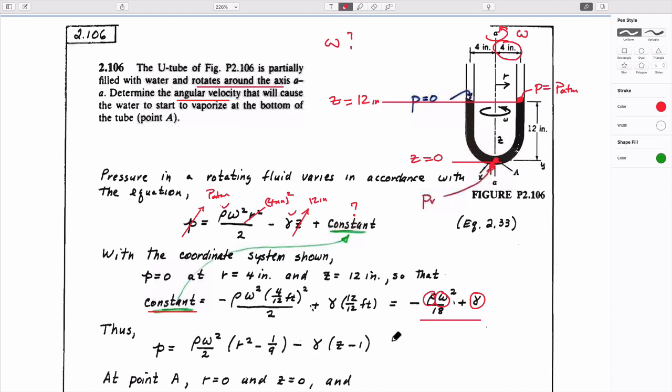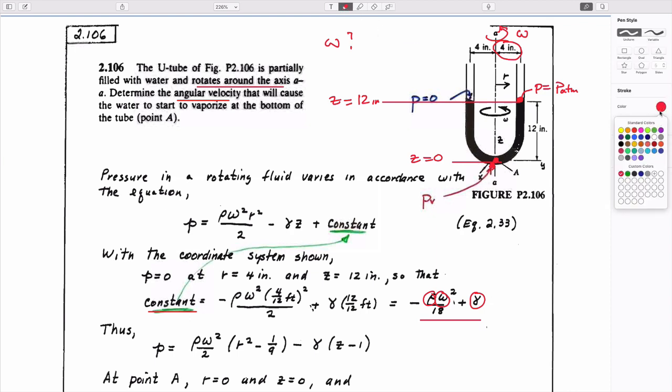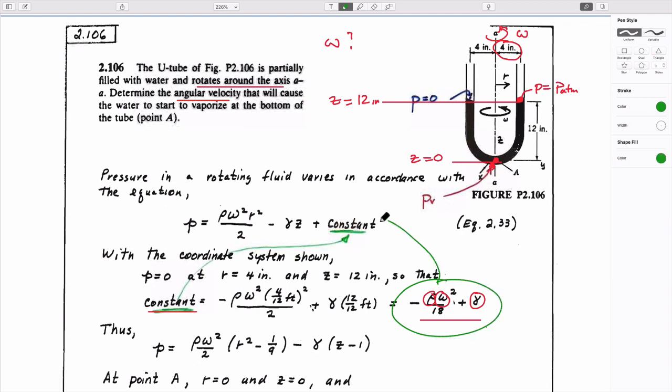So we have that. So that has anchored our magnitude of the constant, which we now know. And so if now we know what the value of this constant is, we can take this and apply it to somewhere where we want to know the pressure.